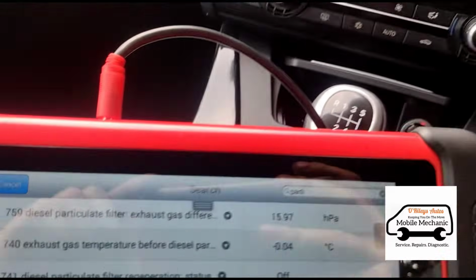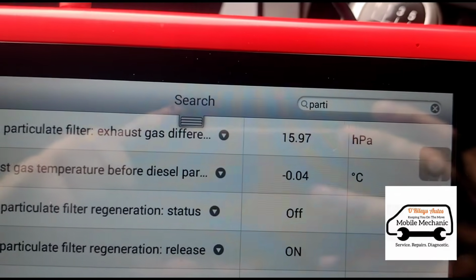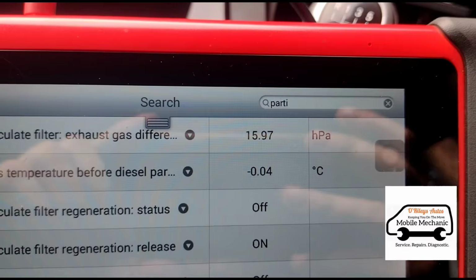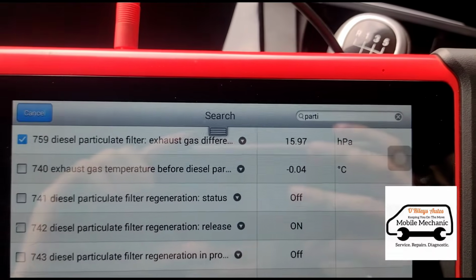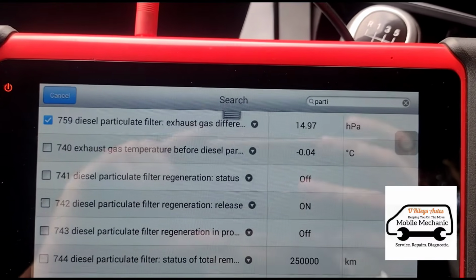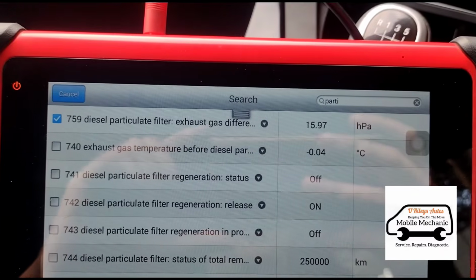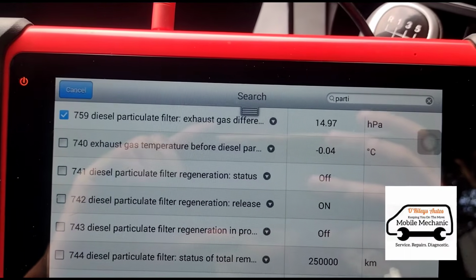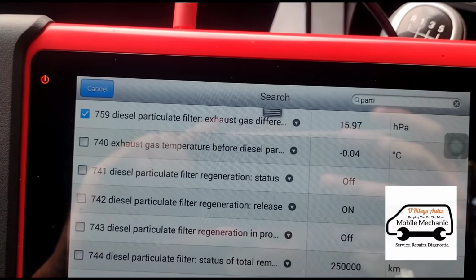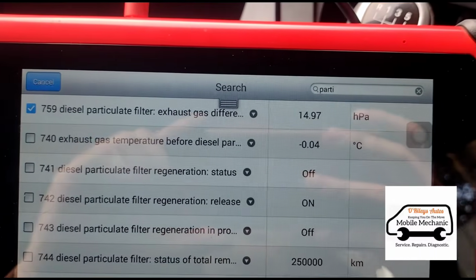And back inside the car there on that same sensor we have 15.97, which is a little bit different to what the manometer is reading. So that would suggest that the sensor there is giving an incorrect reading.